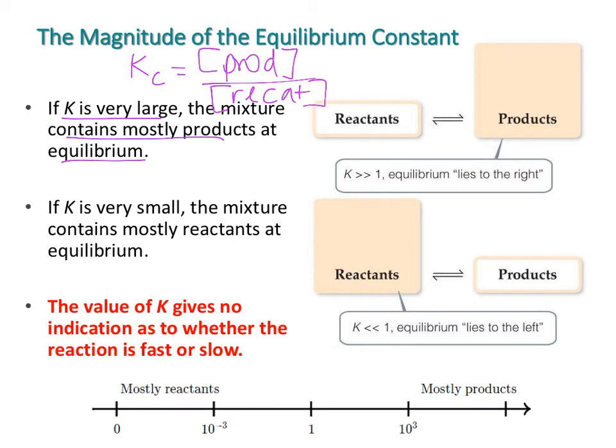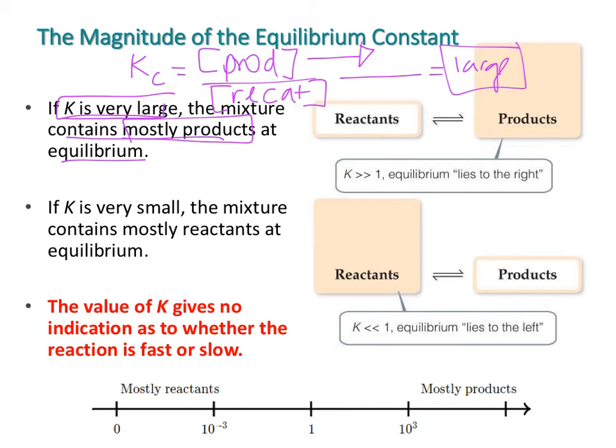So it's products over reactants. And if you have a large number right here divided by a smaller number of reactants, you're going to get a large number overall when you divide this out. So that's why a large Kc means that you have a lot of product, versus the opposite.